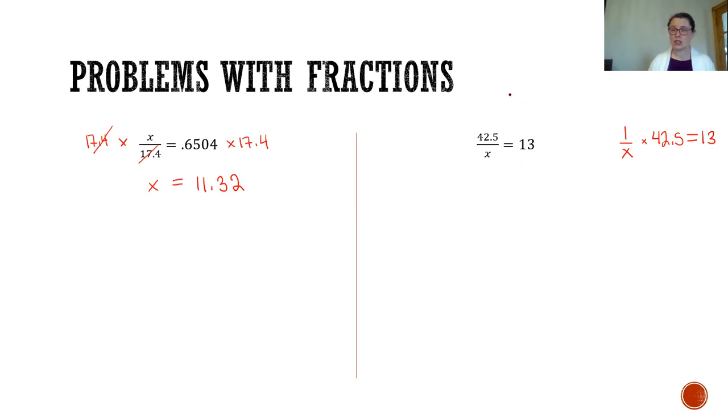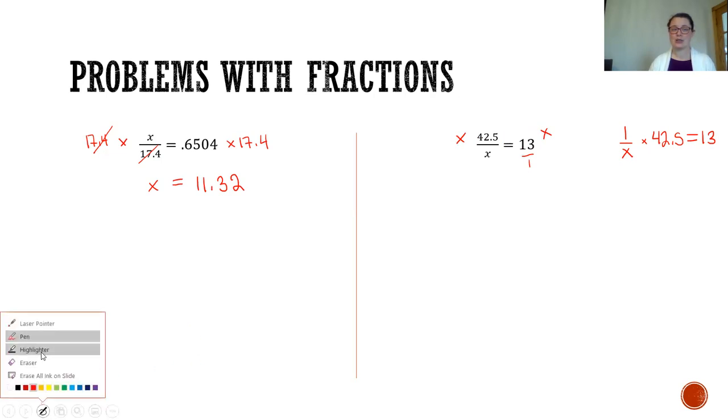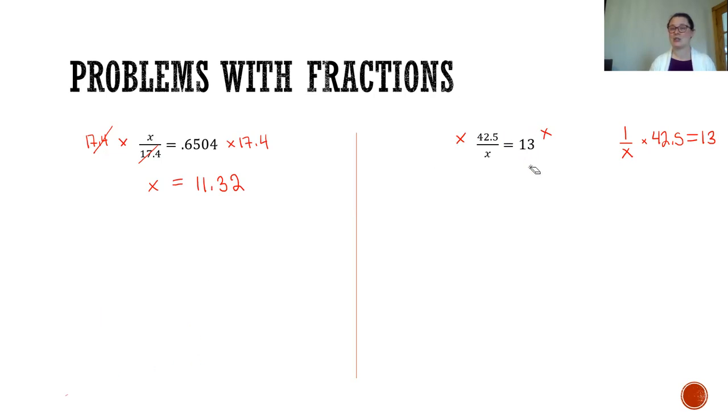It's the easiest way to start. If you have a fraction, try to eliminate it. It's easy to get rid of the fraction in this case. Multiply both sides by x. Think of this as 13 over 1. I don't like doing cross multiplying, so I'm going to erase that over 1 because I don't want it to be confusing for you.